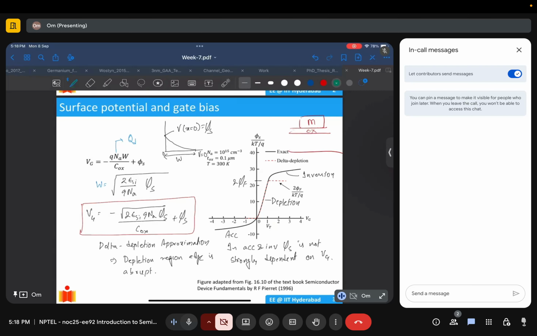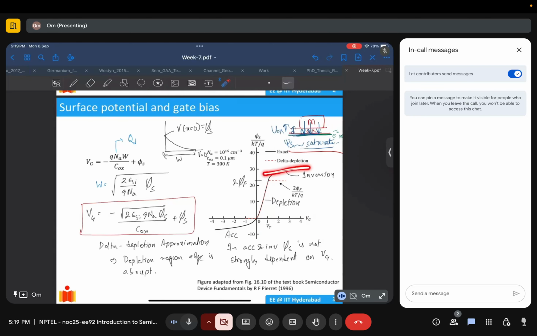Once you have an inversion layer of electrons, whatever electric field you apply will be shielded by this layer of electrons, the inversion layer. So most of the potential drop will start happening in the oxide, and psi s will almost saturate. Psi s will increase very slowly. So this is why if you draw psi s versus Vg, it looks something like this.